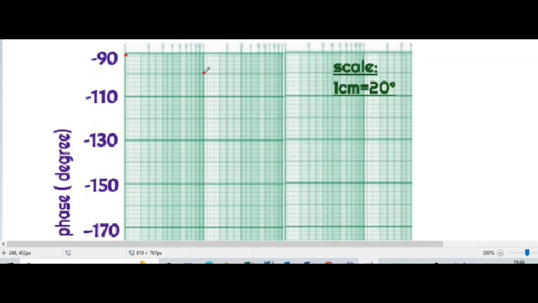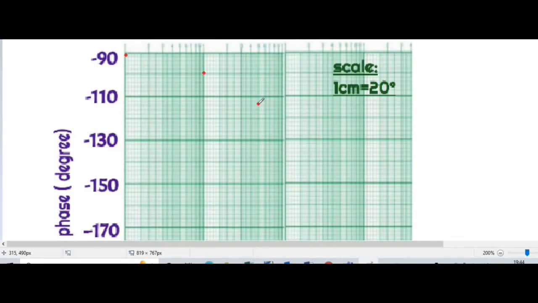Then for frequency 5 it is minus 114. So in the range of 1, this fifth line will represent corner frequency 5. And what is the degree? That is minus 114. After this 110, we have to select 2 millimeter below, because each block will represent 2 degree.